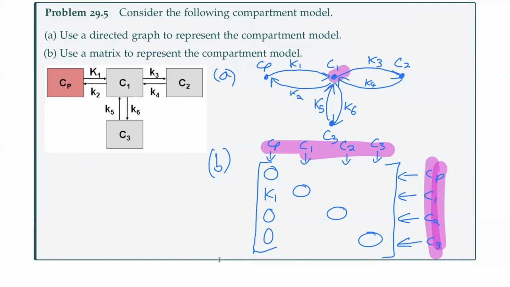So we have this arrow here going to K3, and we also have this arrow here going to C3 at rate K6. Oh, I've nearly forgotten one then. We also have this one here. So C1 to CP goes at rate K2, C1 to C2 is at rate K3, and C1 to C3 is at rate K6.